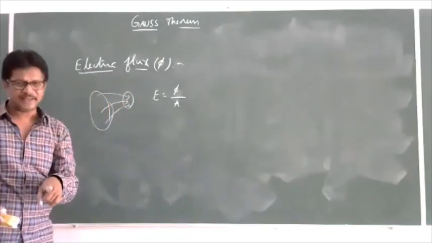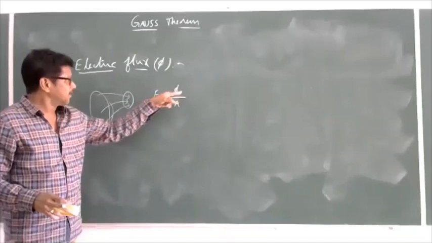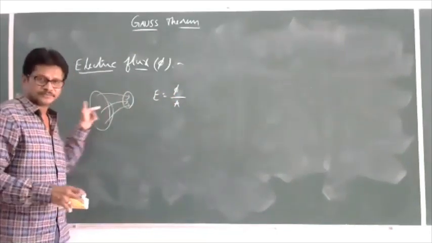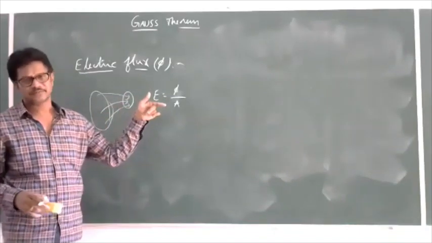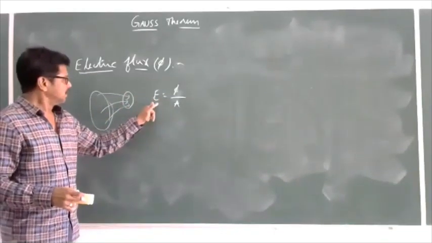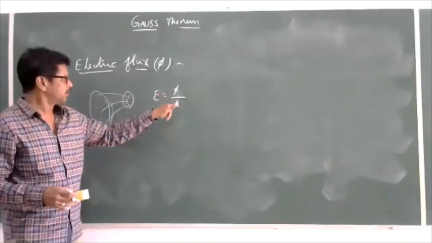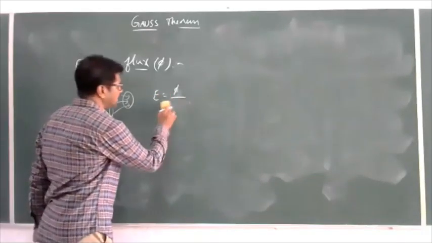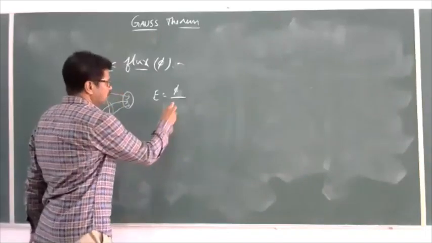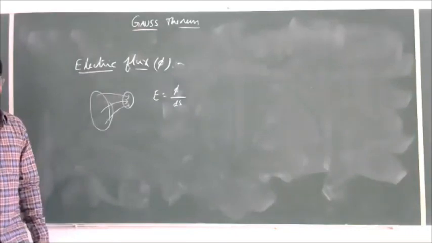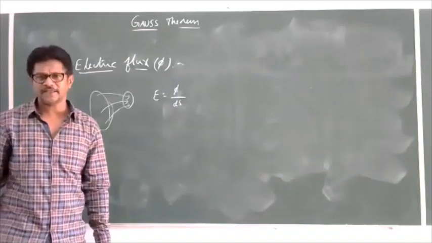Again I am telling that while calculating the flux, we have to consider only the normal ones. So E is equal to flux by area. That too, one small area I will consider. Small area will be considered as ds.